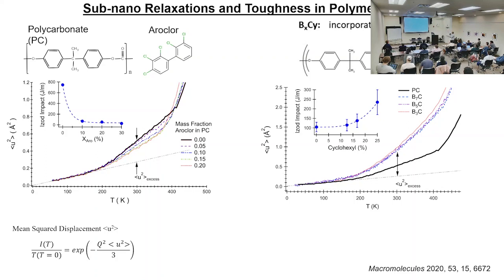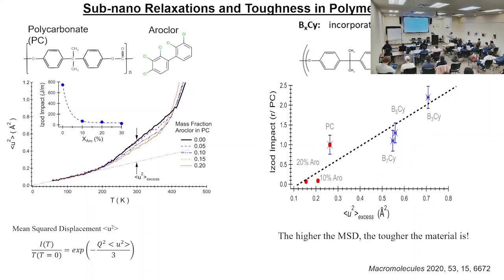Now, if you look at Izod impact, which is the impact strength, as you add more and more cyclohexane, impact strength also goes up. So now we can look if there is a correlation between the two. Here we are looking at impact strength as a function of excess mean square displacement. This data is normalized to PC, so PC sits here at 1.